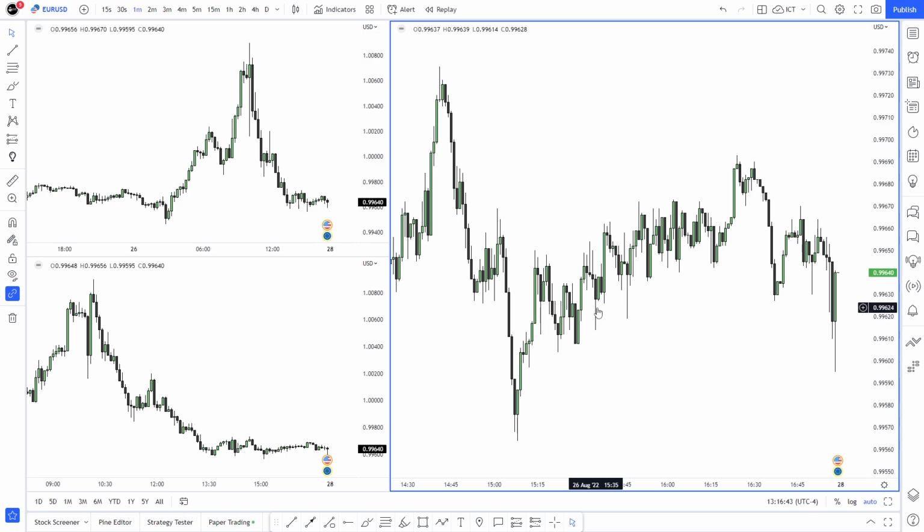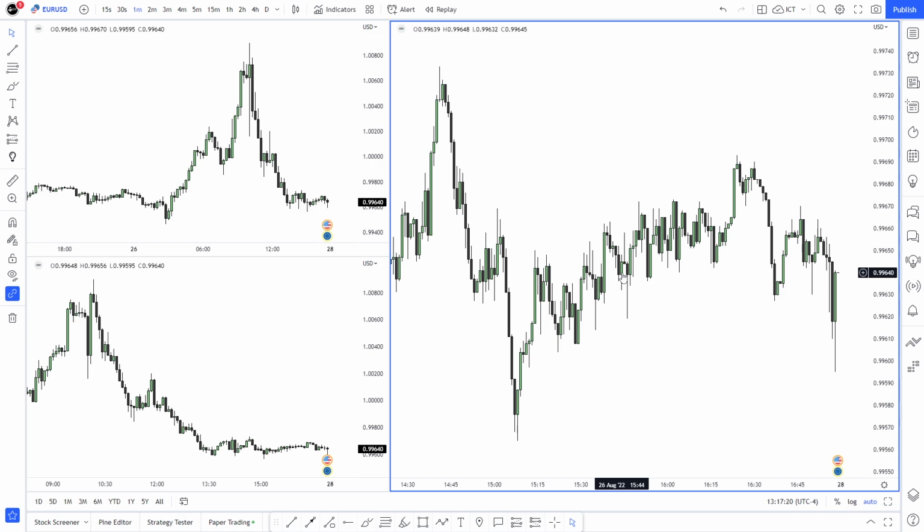By ICT's teachings, I realized that a run on buy side liquidity or sell side liquidity and then displacement shows that either the algorithm or the market makers are trying to, as an example, if a run on sell side has just happened and then there's displacement that causes a market shift and creates a fair value gap, then that means there's an opportunity for us to take, because the market is likely to take advantage of what it has just done. So first of all, again, it's because of ICT.